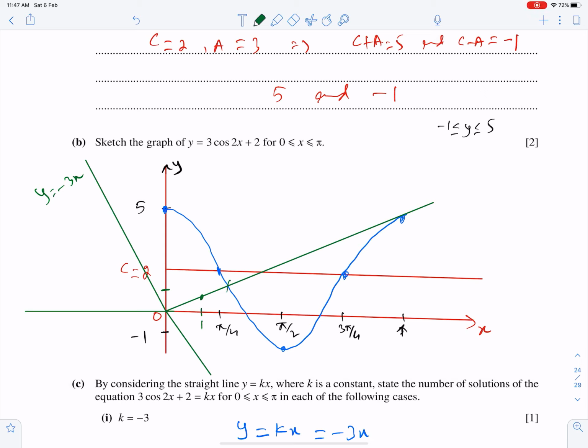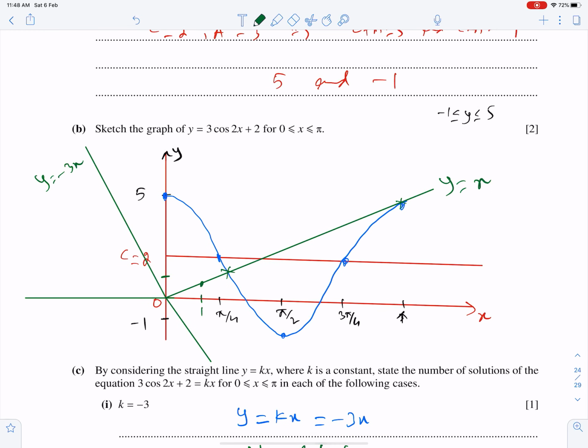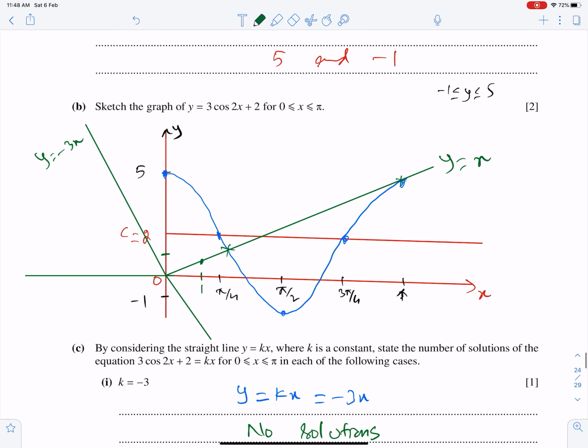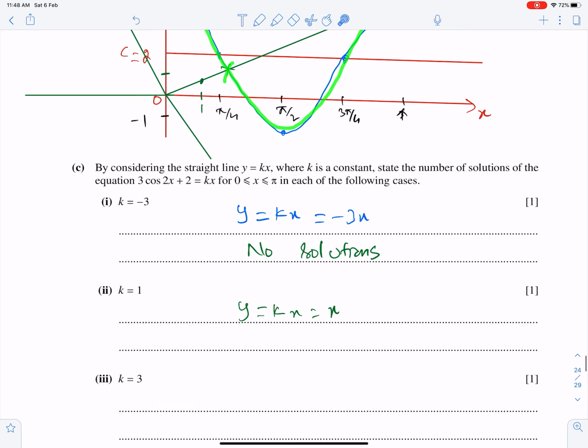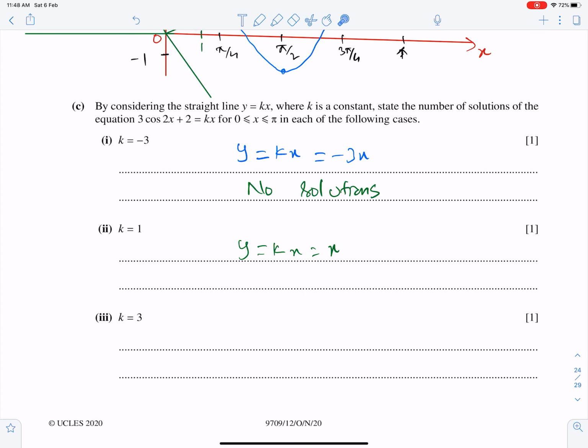So we have two intersections, 1 and 2. Make sure your curve should be symmetrical and smooth. If this curve is symmetrical and smooth, then you will easily get this solution. So, two solutions.